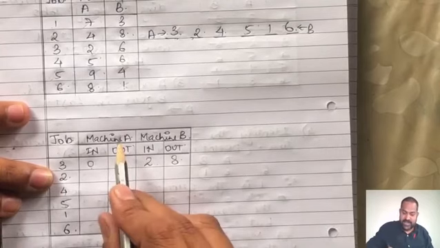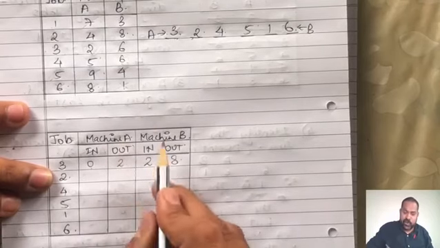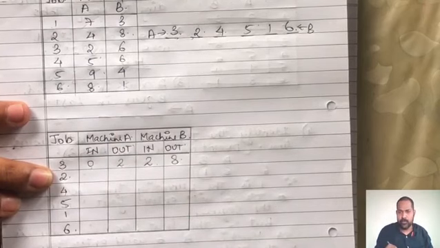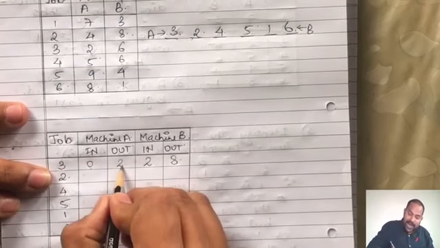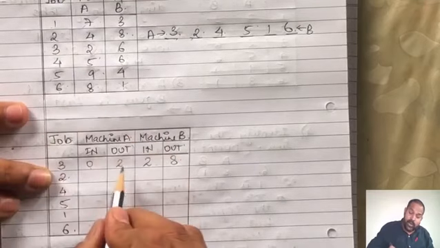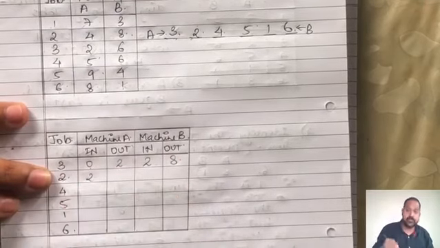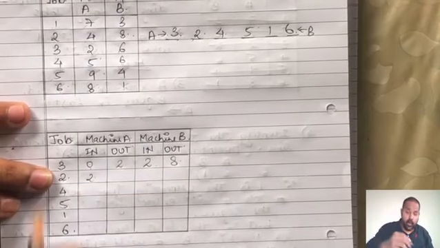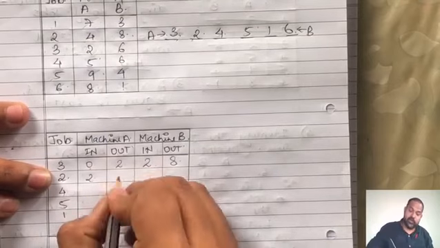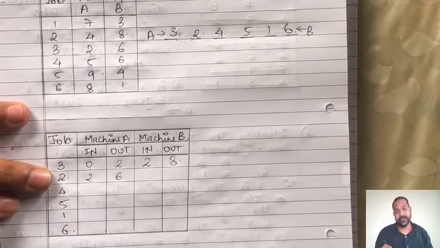Once A is done and A hands over the job to B, A can pick up the next job. Correct. So when will A pick up 2? A will pick up 2 at 2 hours. And how long does 2 take on A? Well, it takes 4 hours. Then after 2, 4 hours is going to be 6 hours.